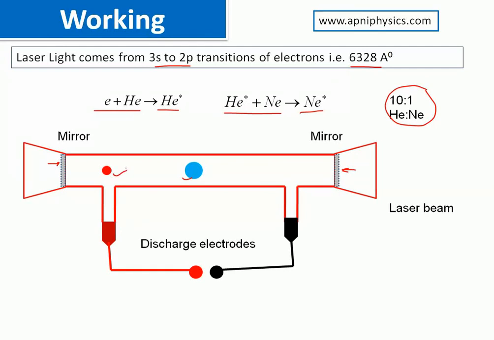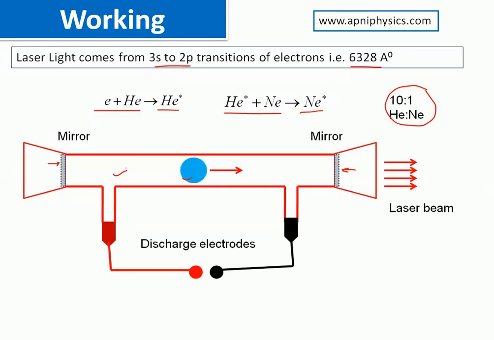So initially, in the beginning, what happens? This helium atom strikes the neon atom, and as a result it transfers its energy to the neon atom, and the neon atom is now in the excited state.